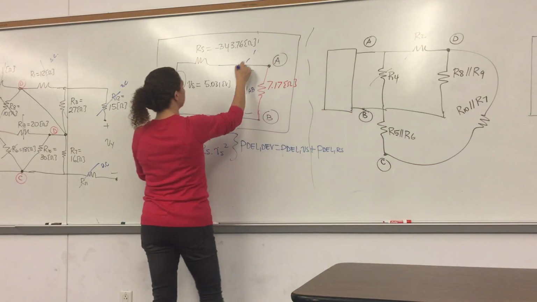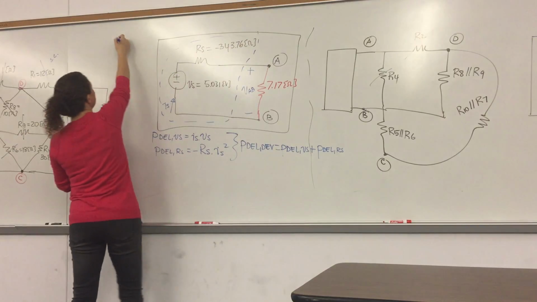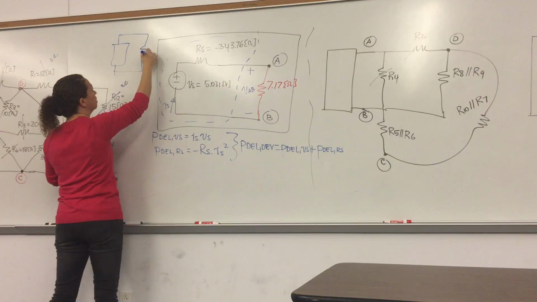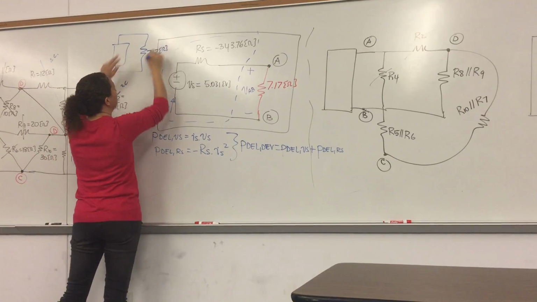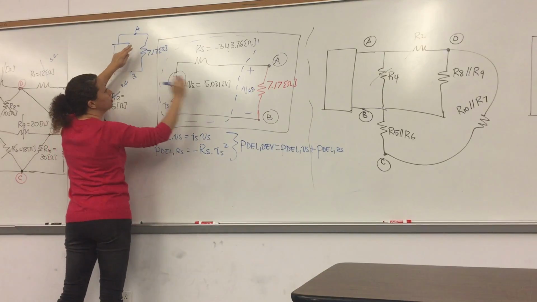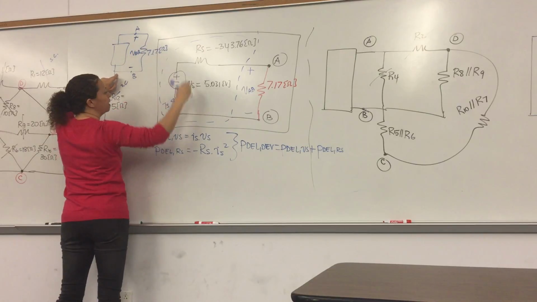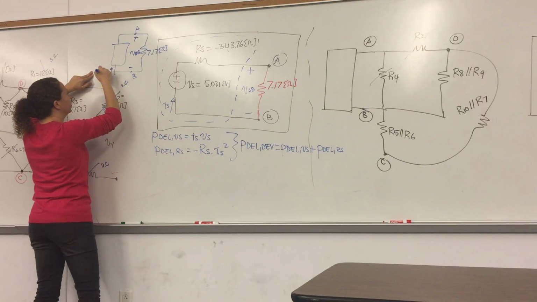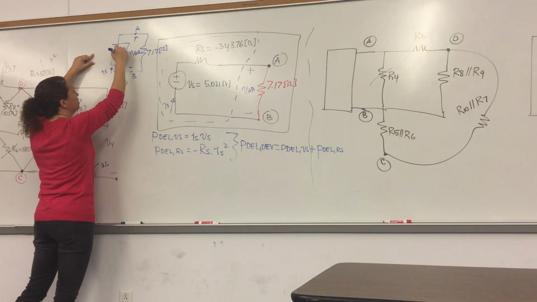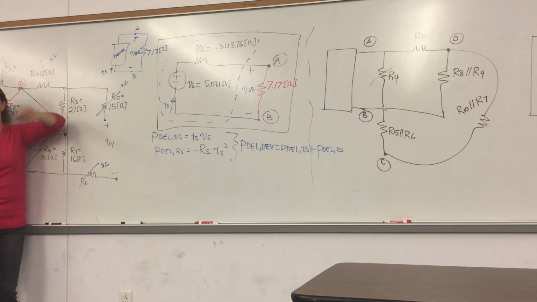This is your device. So if this is your device, this is node A, this is node B, so this is your VAB, and your IS is defined this way. What is the power delivered by the device? IS times VAB, right? Everybody's okay with that?